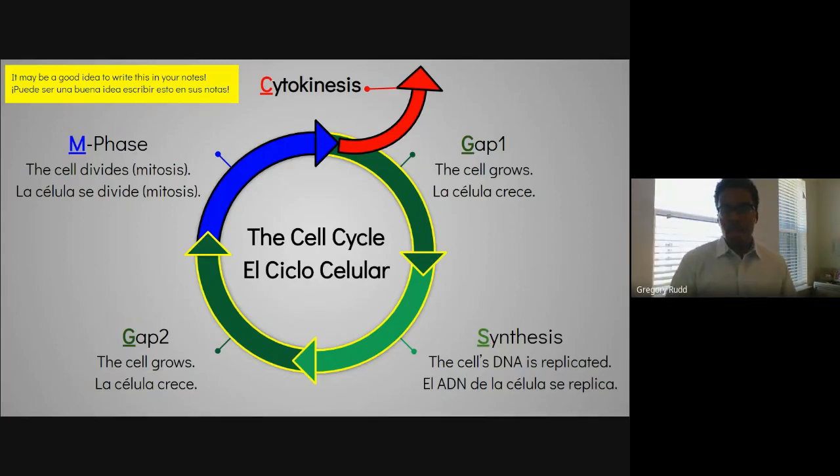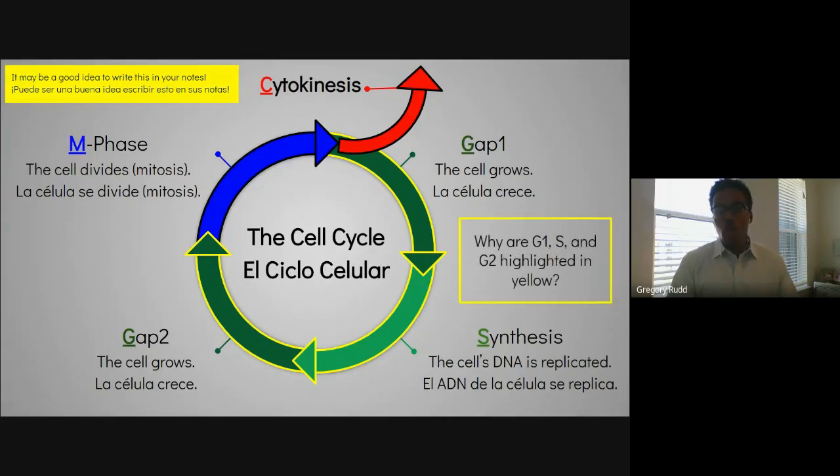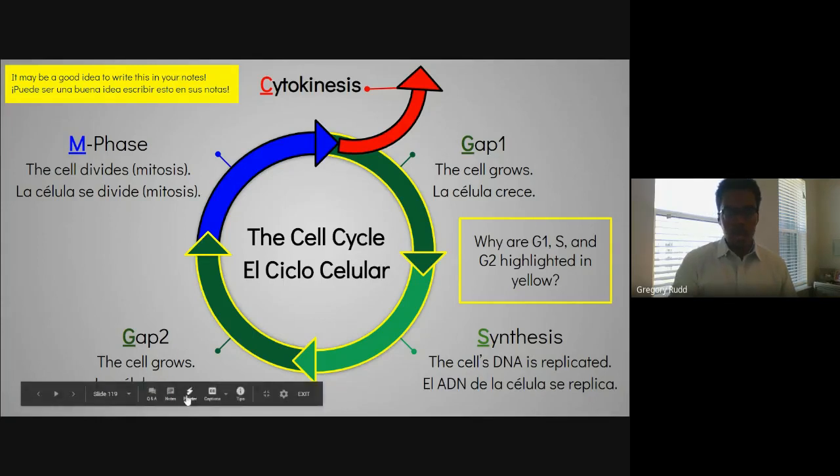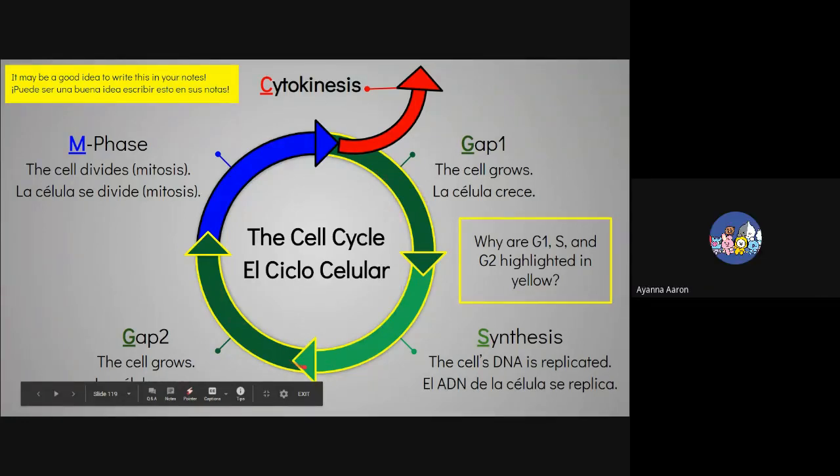All right. So my question for you then, why are G1, S, and G2 highlighted in yellow? So if you can, let me get my pointer. You see these 3 steps are highlighted in yellow. Why is that? Is it because it's the most important phase in the cell cycle?